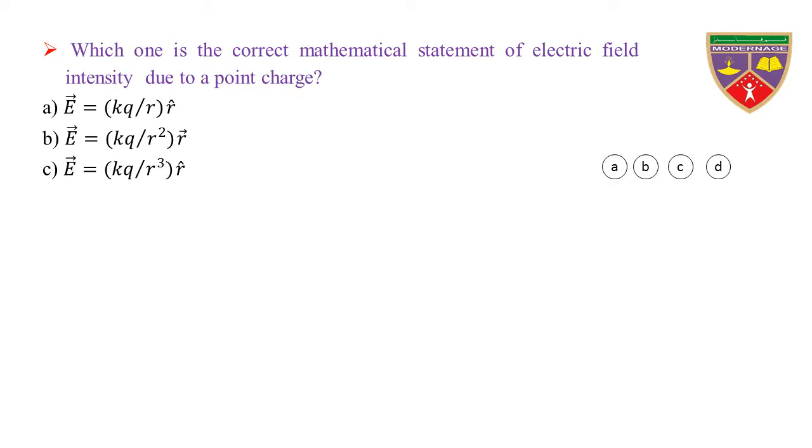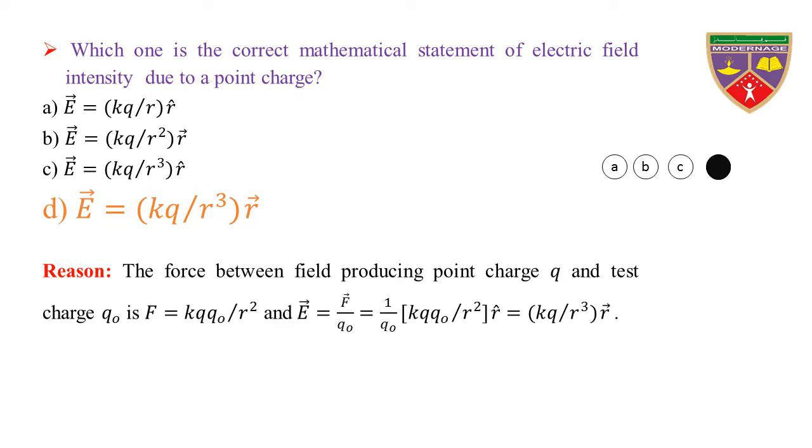Option C, E = kq / r³ times r unit vector. Option D, E = kq / r³ times r vector. The key is E = kq / r³ times r vector. Therefore, the correct option is B.